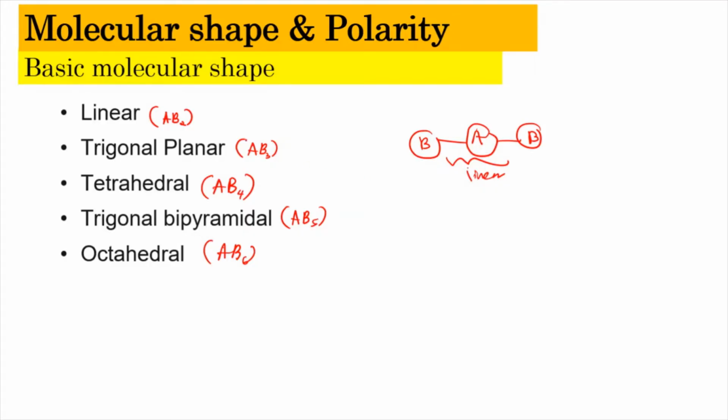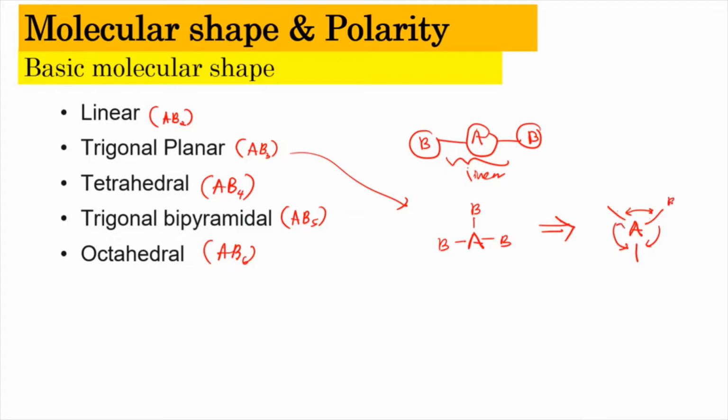Okay, and for the trigonal planar, in the previous subtopic, you have learned that you can draw it anywhere. For example, you can put it here, here, and here. So you have three bonding pairs. But in this video and in this subtopic, you're going to learn that the correct way of drawing the Lewis structure needs to follow VSEPR, in which we need to make sure that the electrons are far apart from one another and minimize the repulsion.